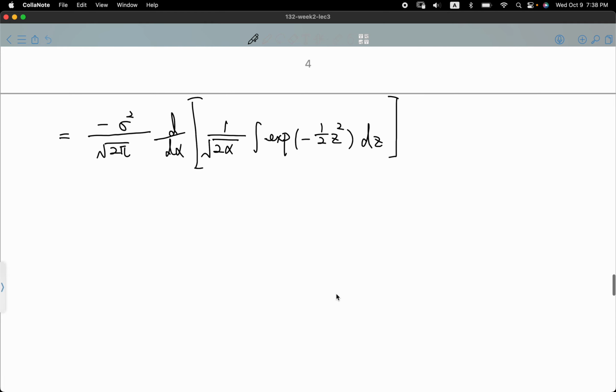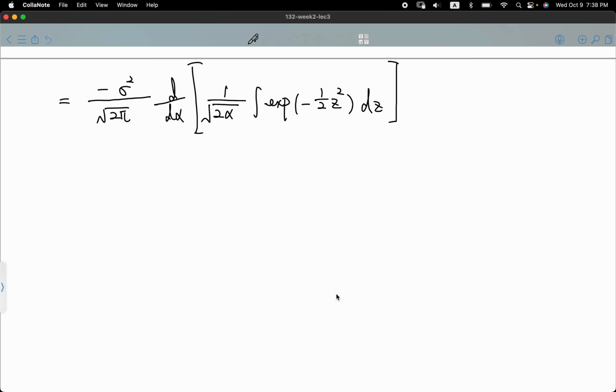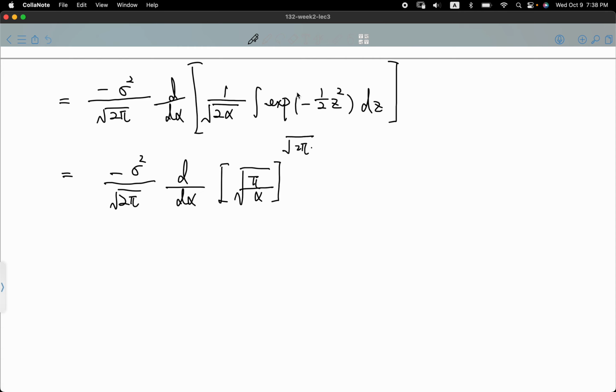Okay, and then let's further simplify. So you will have something like d alpha. And then for here, this is equal to square root of 2 pi. So in the square bracket, you will have pi over alpha, and then square root of that.